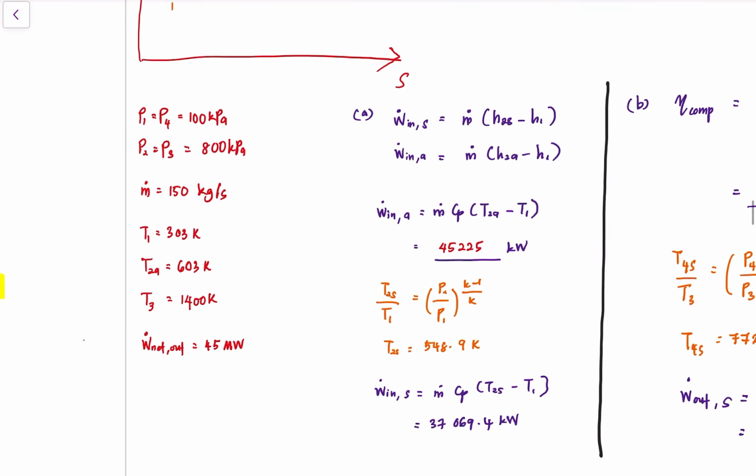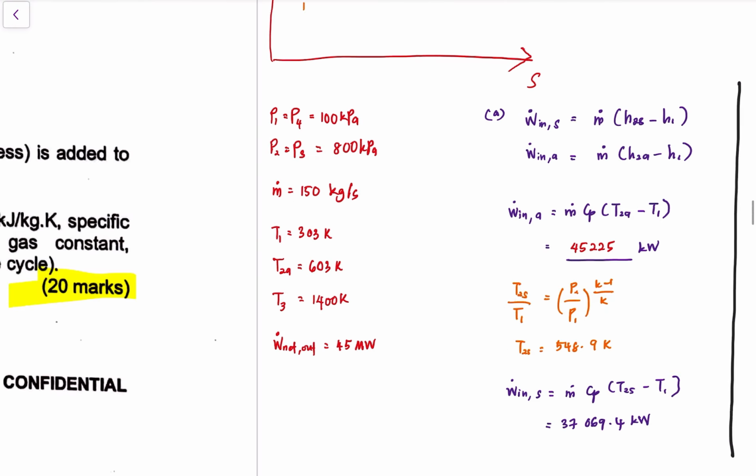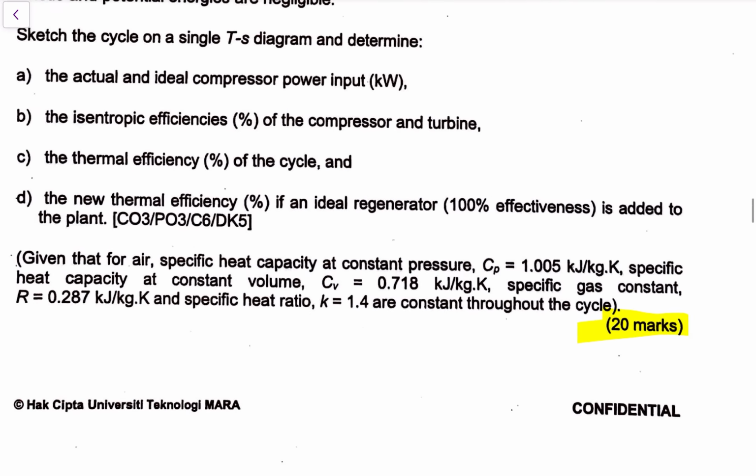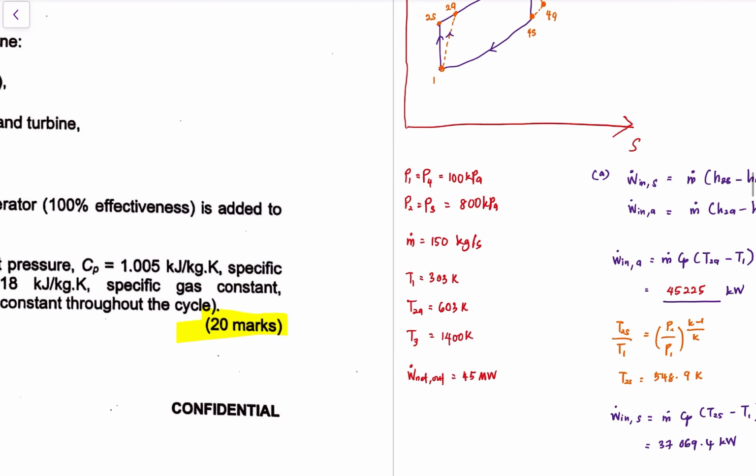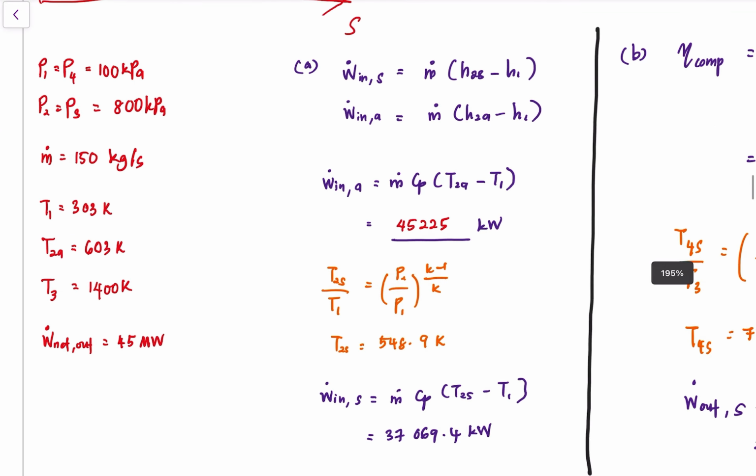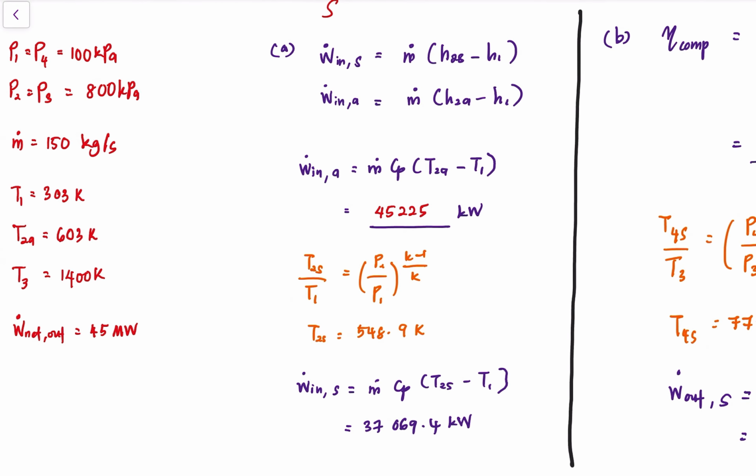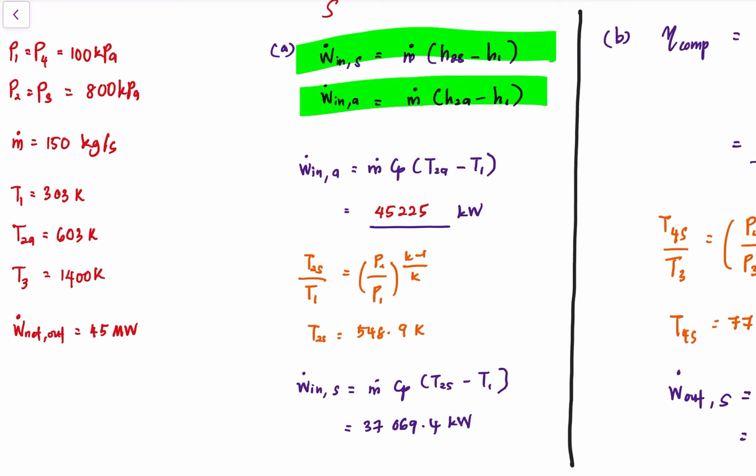Alright, so the first question requires you to find the actual and also the ideal compressor power input. The power input is given by this relation. The top one refers to the ideal power input by the compressor, and the bottom one is the actual power input by this compressor.